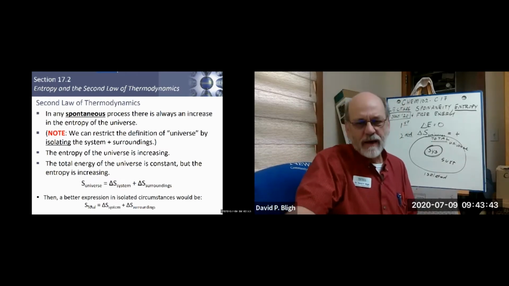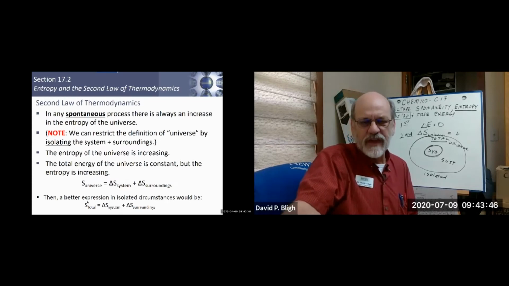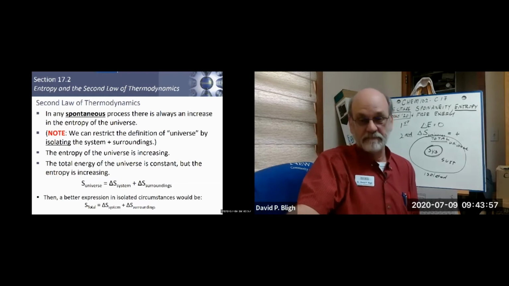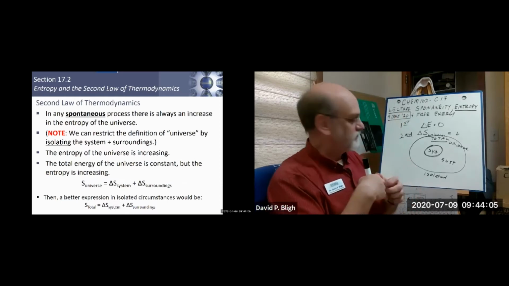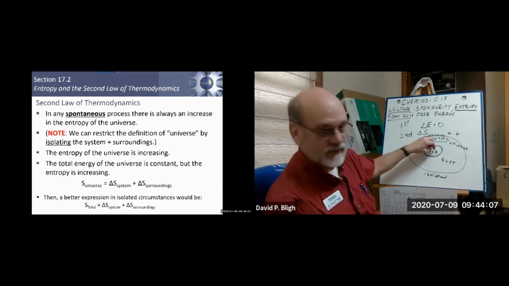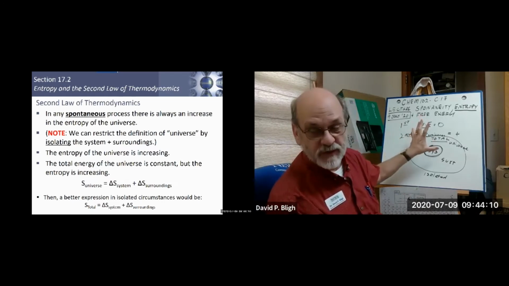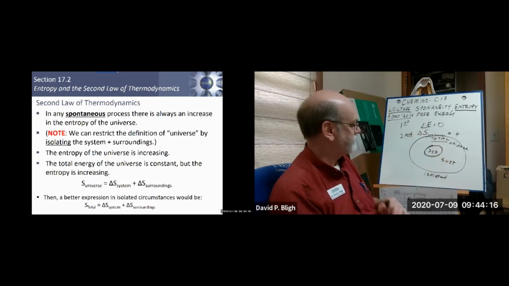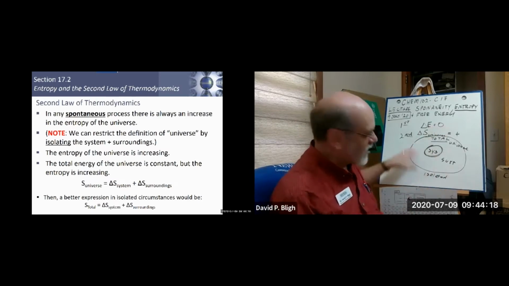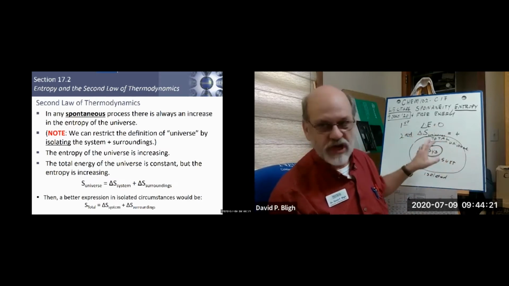So that's why I decided to say this is the preferred way of describing the entropy: the total entropy of our system and surroundings is the summation of the change for the system and the change for the surroundings. So what that means is, if the entropy of the system increases, the entropy of the surroundings must decrease. Because if all of this is isolated, then the total can't change.